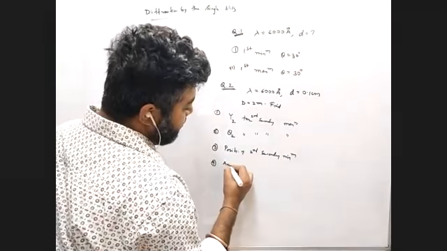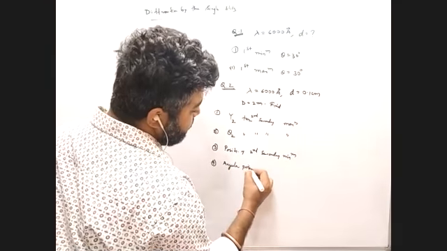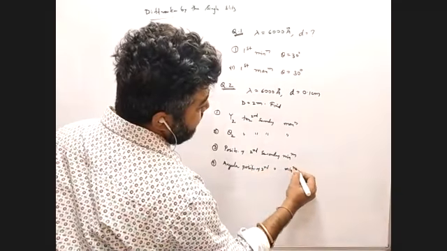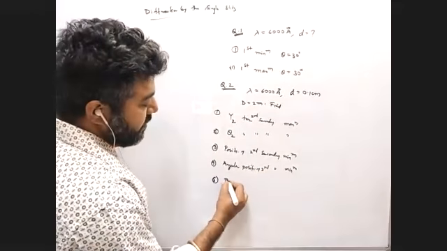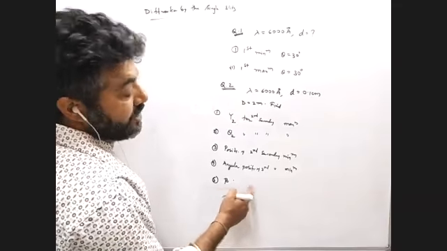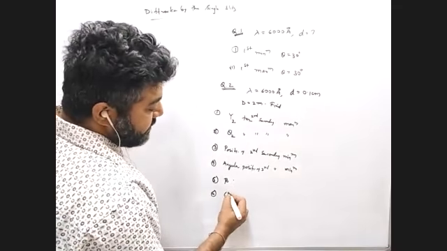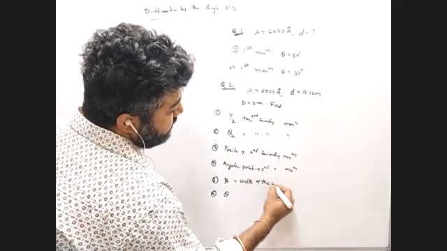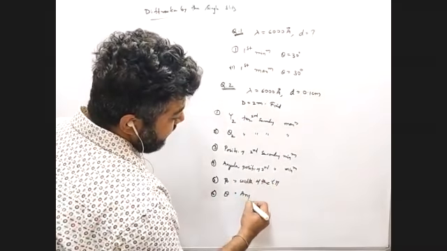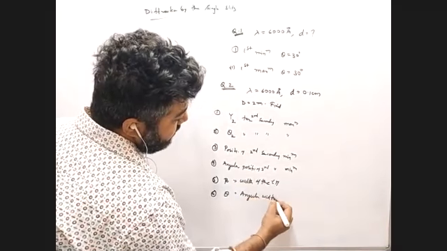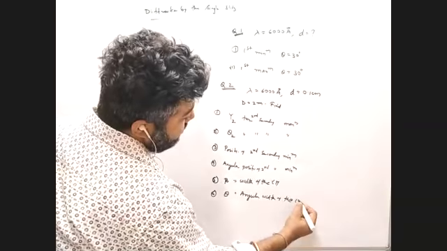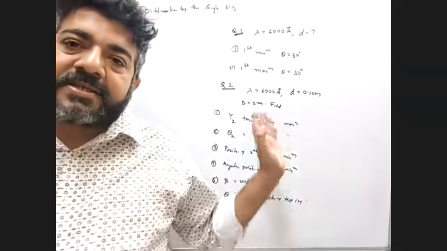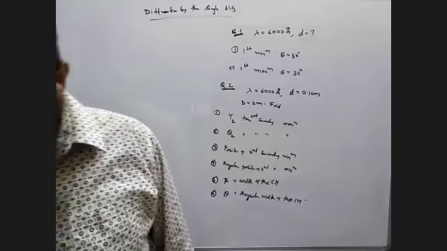Number 4, angular position of secondary minimum. Number 5, fringe width, angular width of the central maxima. Number 6, width of the central maxima. Is it clear, everyone? You understand all these things? Is it okay, everyone?